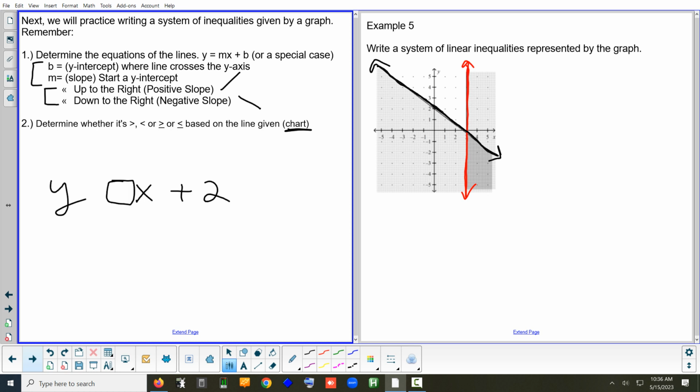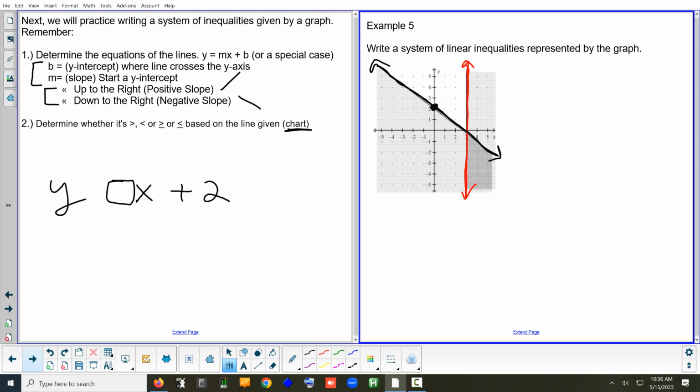Well, to get the slope, you've got a dot here. You've got another dot here. Count the rise and the run. To get from this black dot to this one, do you go up or do you go down? Yeah, go down.